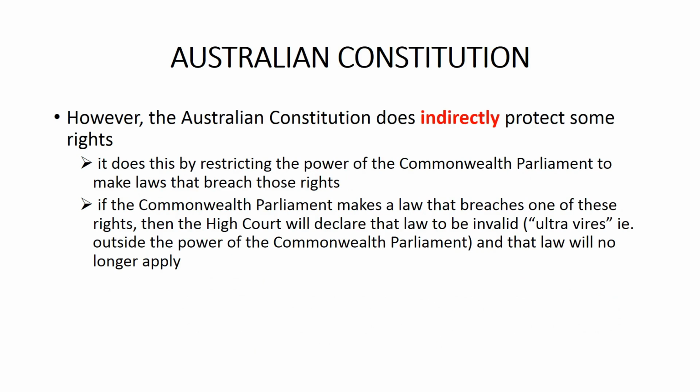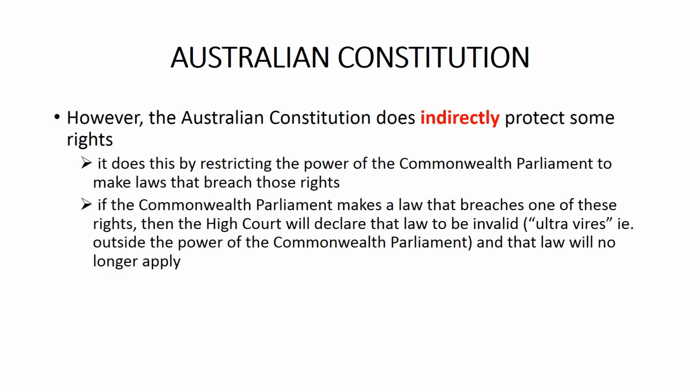The position in Australia is very different. Unlike in the United States, our Constitution does not directly give rights to the Australian people. However, what it does do is indirectly protect some rights by restricting the power of the Commonwealth Parliament to make laws that breach those rights.